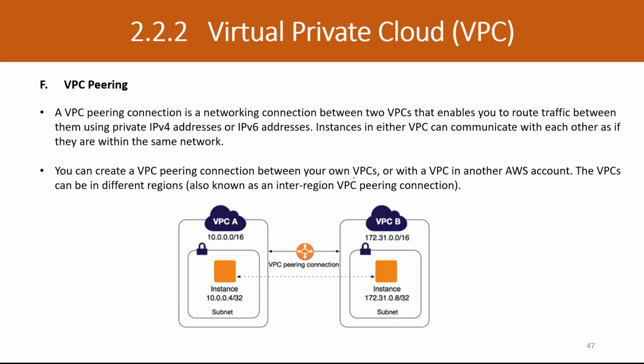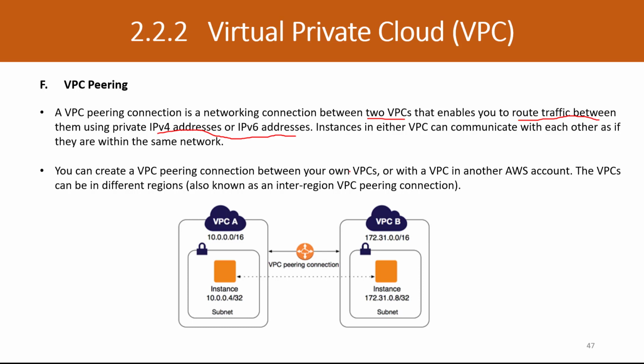Now we are talking about VPC peering. A VPC peering connection is a networking connection between two VPCs that enables you to route traffic between them using IPv4 or IPv6 addresses. Instances in either VPC can communicate with each other as if they were within the same network.